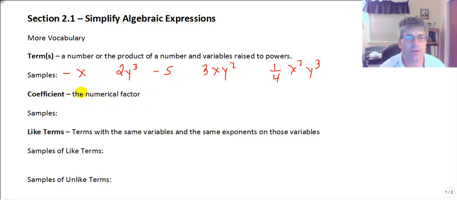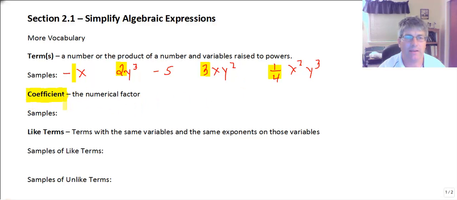The coefficient of a term is the numerical factor in the term. So this is 2 times y cubed, or this is negative 1 times x. The coefficients here would be negative 1, or 2, or 3, or 1/4.